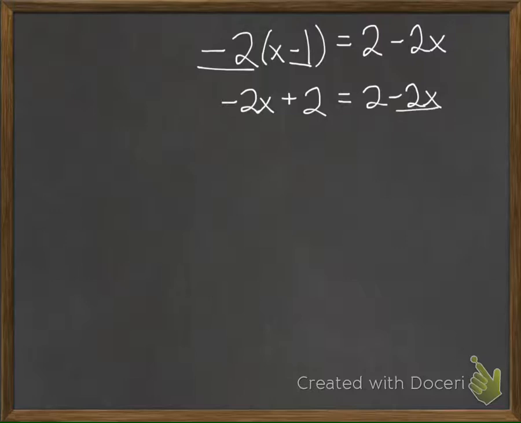Now if I go on to solve this, I want to get rid of this minus 2x on the right-hand side, so I'm going to add 2x, which means I also have to add 2x to the left-hand side. This, of course, will cancel, leaving me with 2. And on the left, well, this is negative 2x and positive 2x, which equals 0, so this will also cancel.